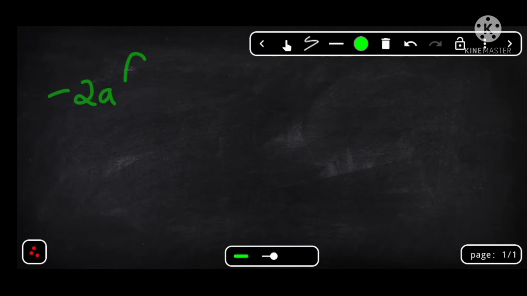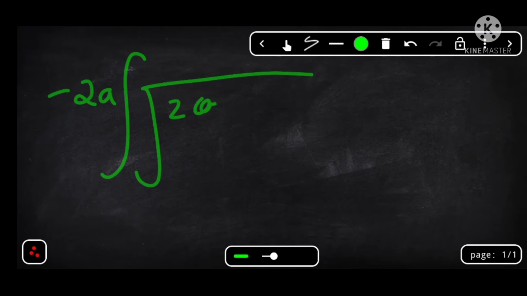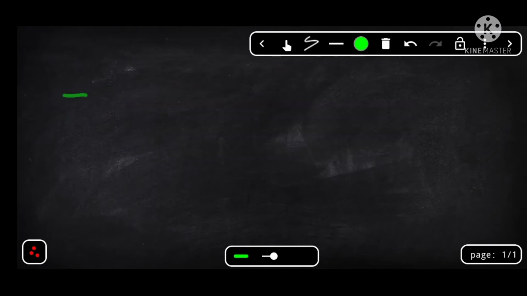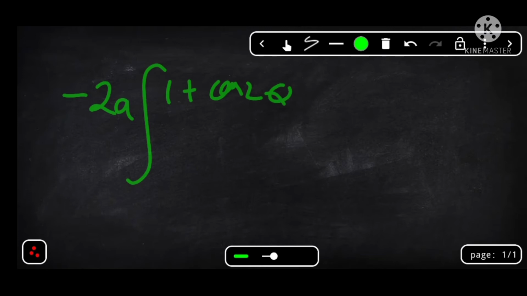Okay, so the remaining part is minus 2a integral root 2 cos square theta divided by... so here we have, I'm just writing it again, minus 2a integral, we had 1 plus cos 2 theta divided by 1 minus cos 2 theta, right?